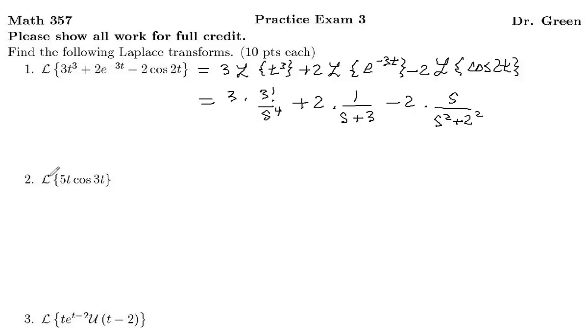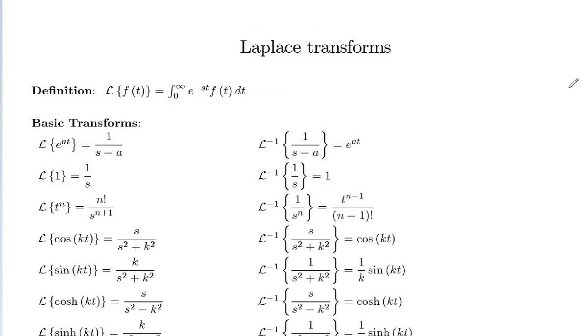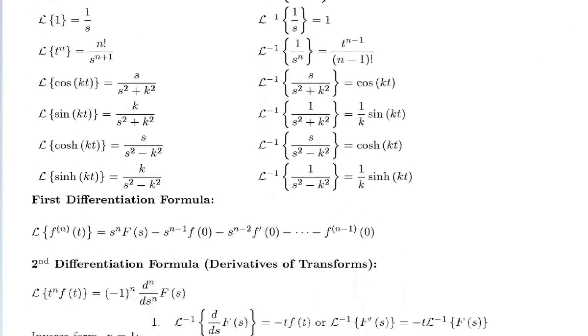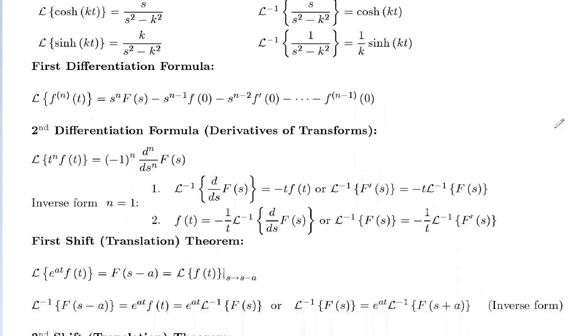Next up, we want the Laplace transform of 5t cosine 3t. First of all, we can bring the 5 out, so this will be 5 times the Laplace transform of t times cosine 3t. Now this is the transform of t times a function. That's the second differentiation rule, if I remember correctly. The first differentiation rule is for the transform of a derivative.